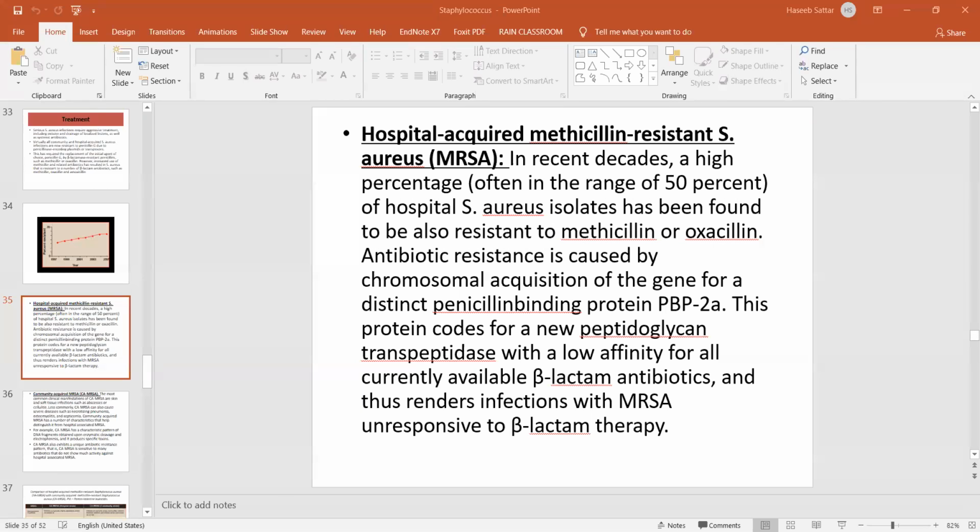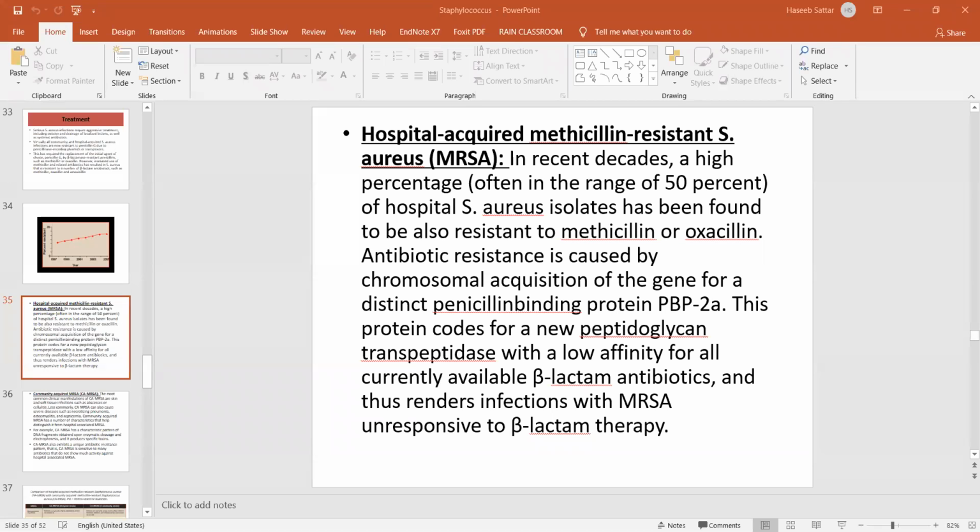If a patient develops MRSA infection, it is life threatening because there will be a worse outcome. The patient may develop toxic shock syndrome, and because of limited antibiotic availability, or because this bacteria may also be resistant against vancomycin, the drug we use for MRSA infection.